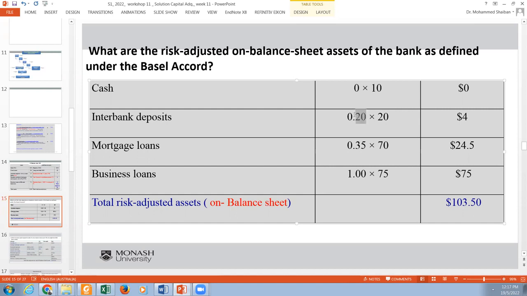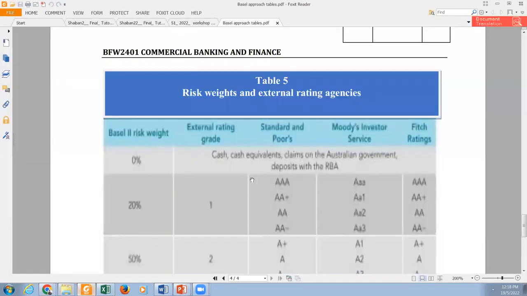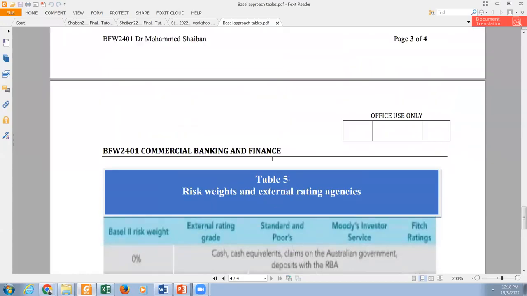And for the interbank, because it's AA, I am using 20%. And for the mortgage loans, please write it here, table 1. See, this is table 5.